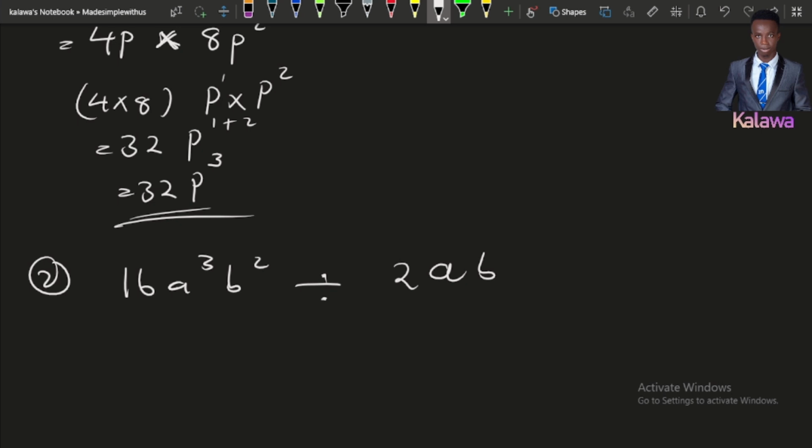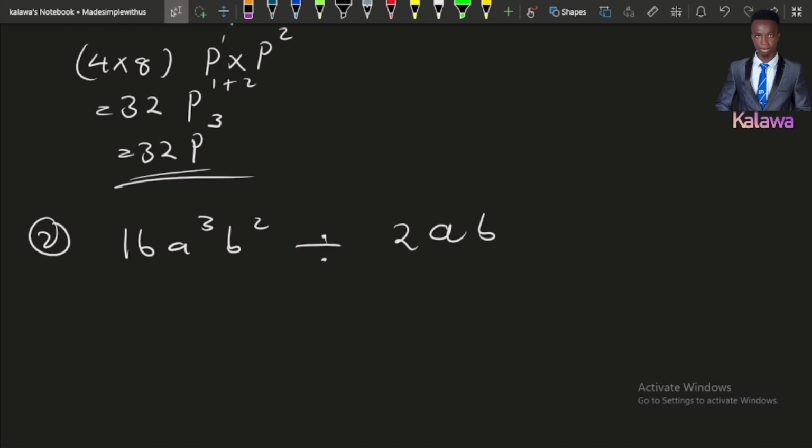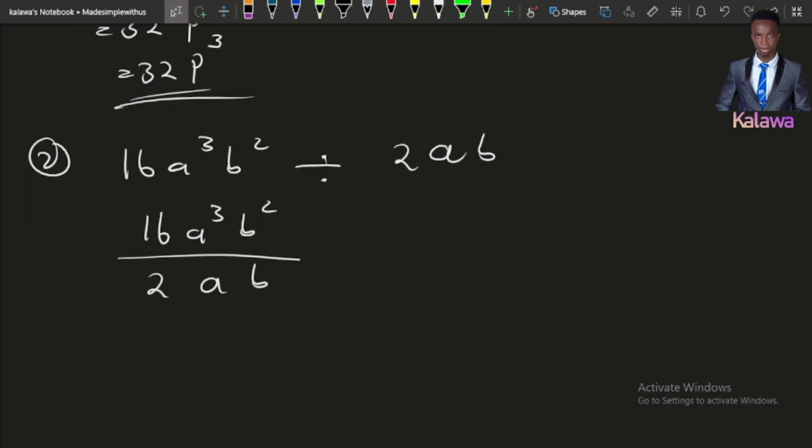This is not multiplication again, this is division. So let me put it this way: 16a cubed and then b square, all divided by 2ab. Let's take them one after the other. If we divide 2 into itself, 1, and into 16 is what? It's 8.